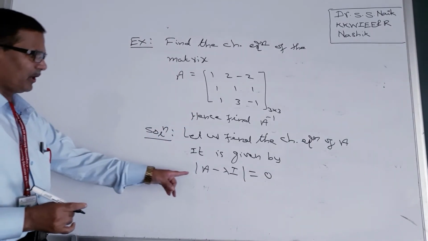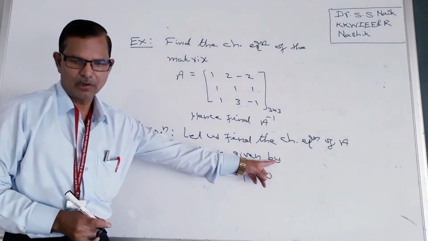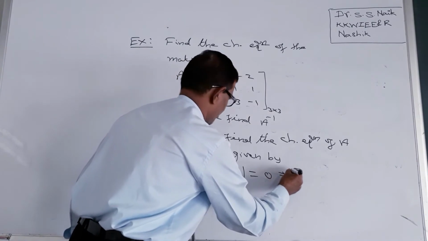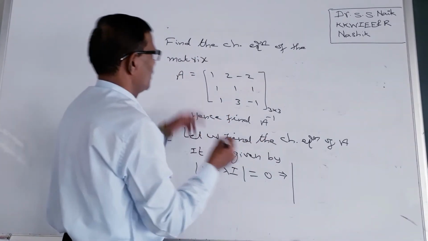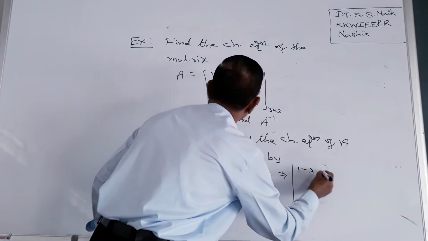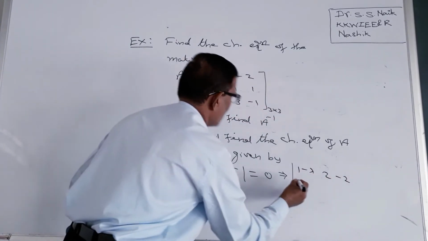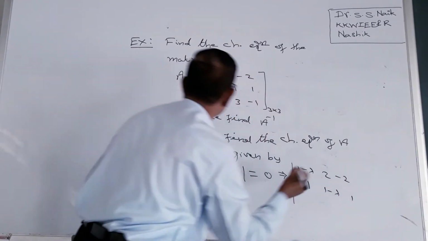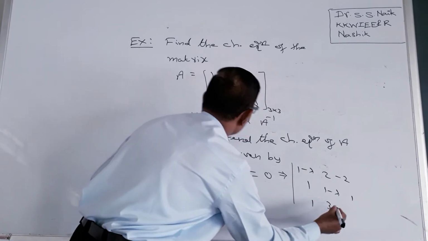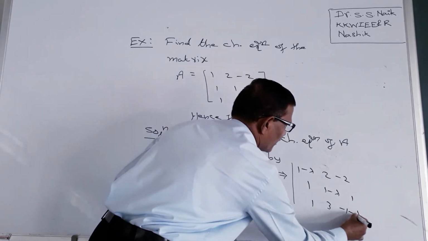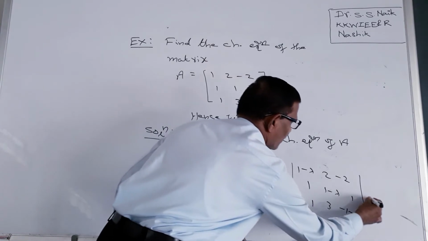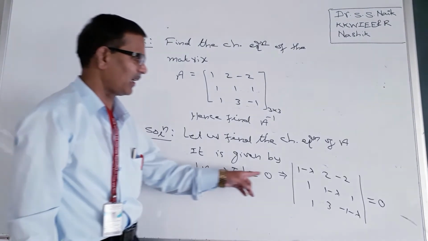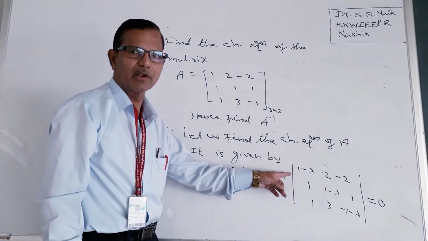This implies the determinant of the matrix with rows (1 minus lambda, 2, minus 2), (1, minus lambda... 1 minus lambda, 1), (1, 3, minus 1 minus lambda) is equal to 0. So this is the characteristic equation of the given matrix A.